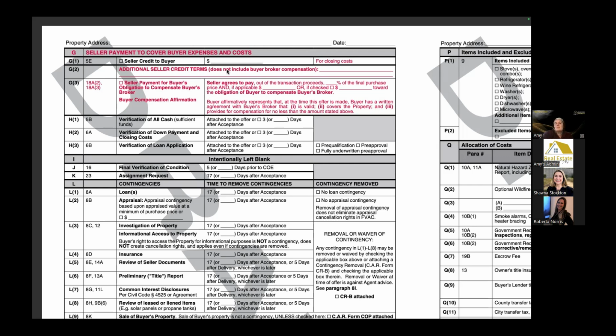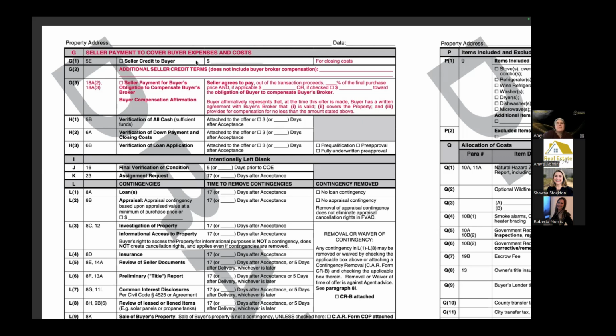This doesn't include buyer broker compensation. So that's where you would put terms there. I would say G1, don't use it for broker compensation any longer. The only way we're going to negotiate broker compensation is going to be on G3.